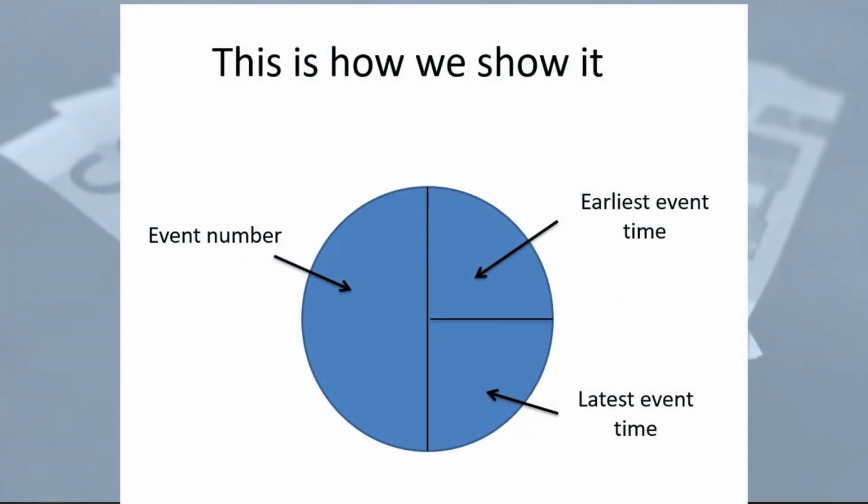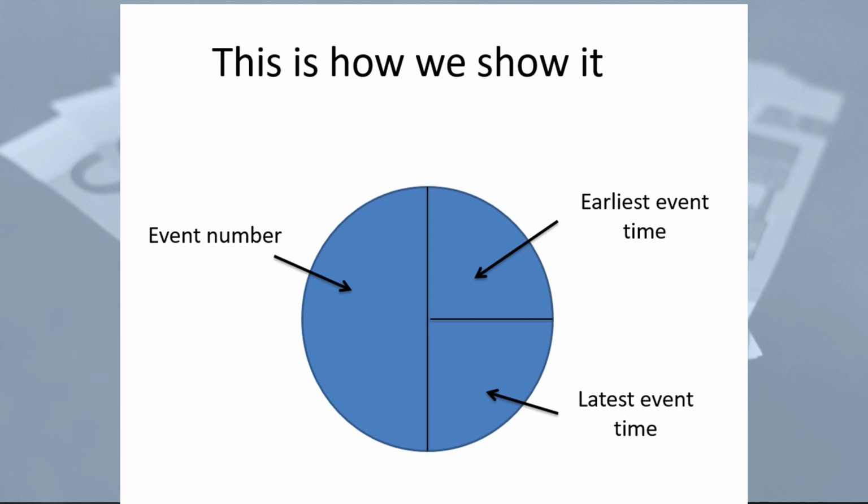So here is how we use the node. On the left hand side of this semicircle, we have the event number: number 1, number 2, number 3, number 4. It just represents which one comes first, second, and third.